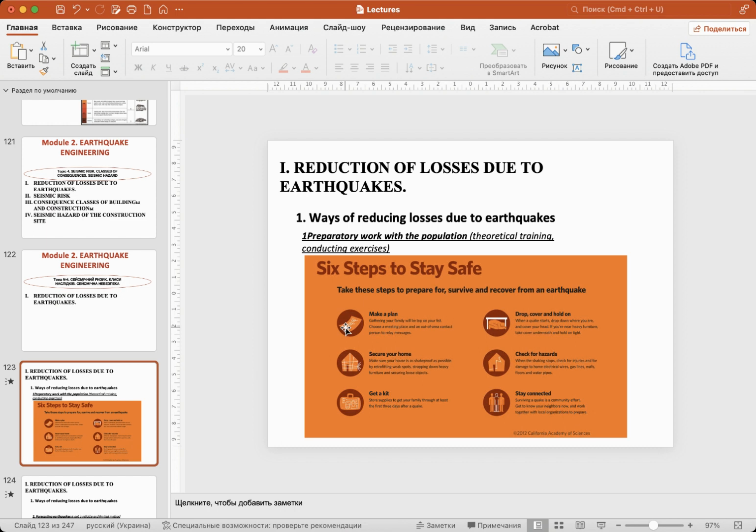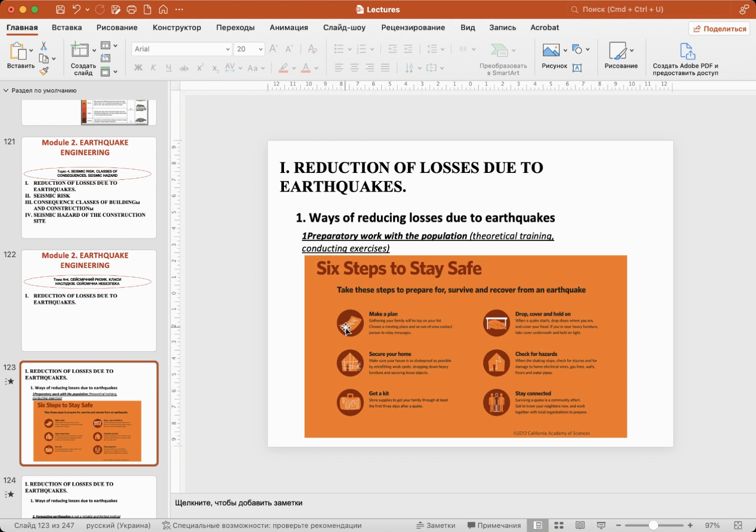They try to behave, to calm down, to sit or to stand near stiff and solid elements, to adapt to the earthquake impact, and that helps people to save themselves from panic during earthquakes.